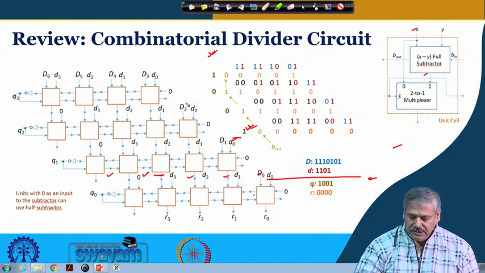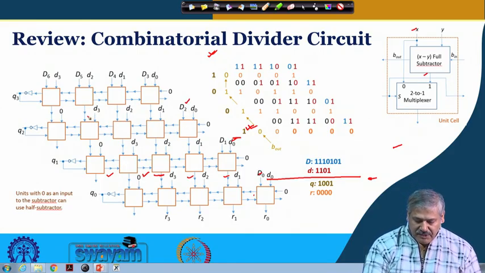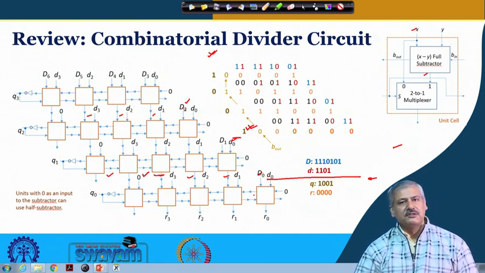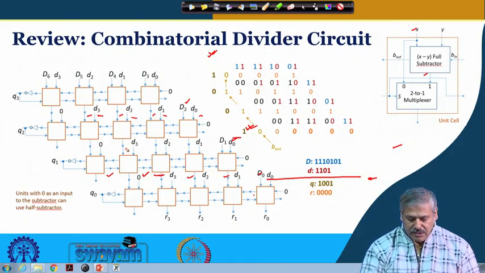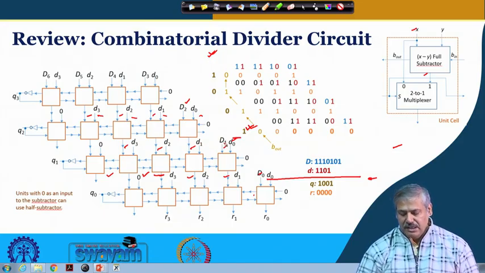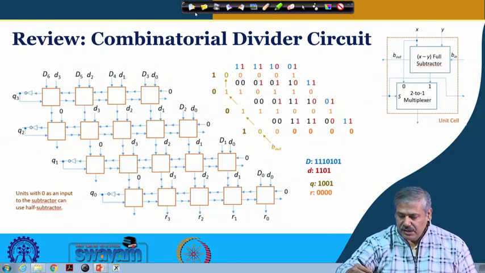With that D3, the D2 also comes into consideration. So these three values 1, 2, 3, and D2 come into consideration, and in each case D3, D2, D1, D0 is there. Next time again this will be coming into consideration, and D1 also comes into picture. So this is how it progresses.